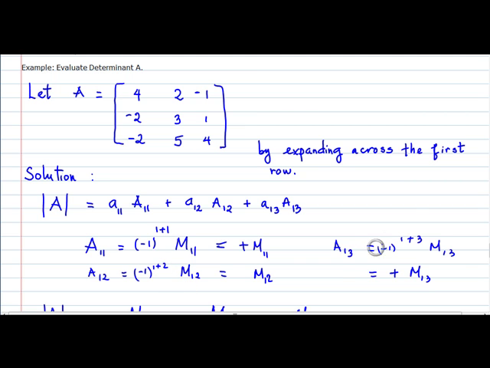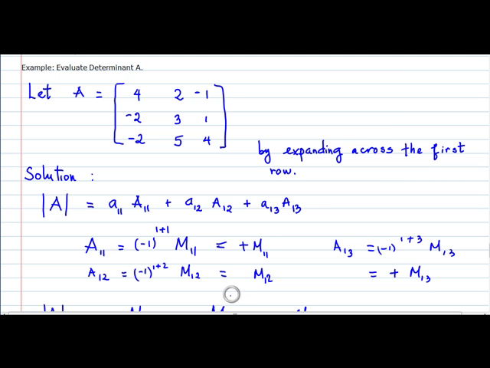And then the same thing for the last one. We have the cofactor of first row, third column. So therefore I have -1 to the 1 plus 3 times its minor. So you see that for this one here, because I raise to the second power, -1 to the second power is a positive 1. So I have a positive 1 times the minor.